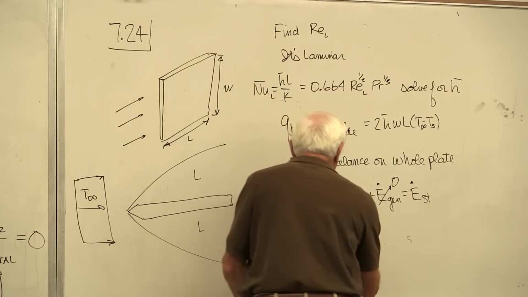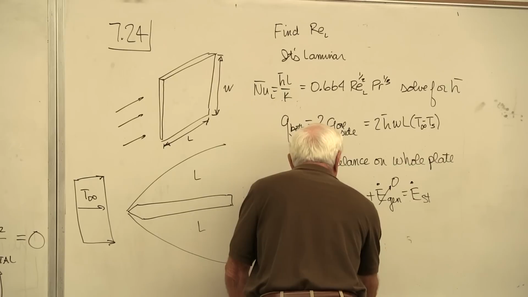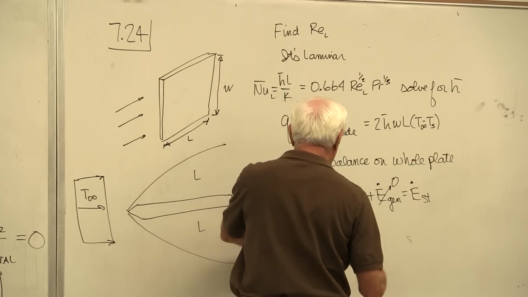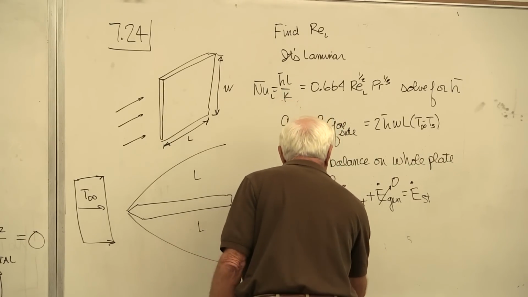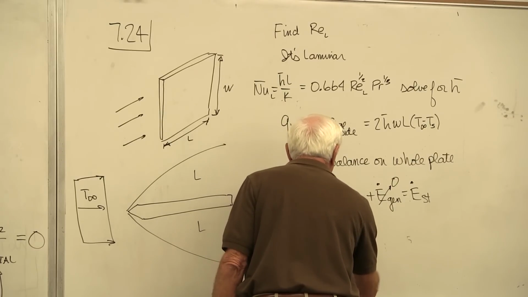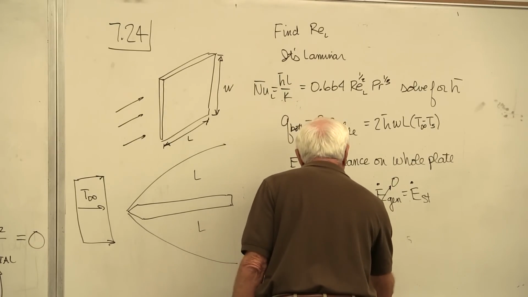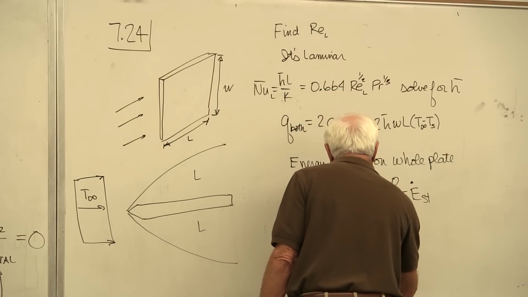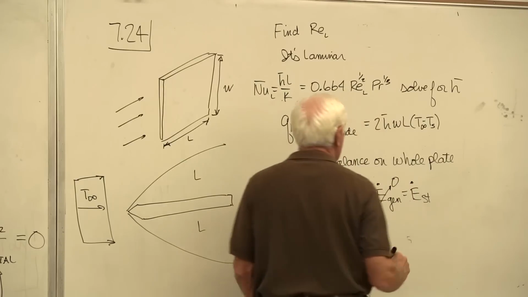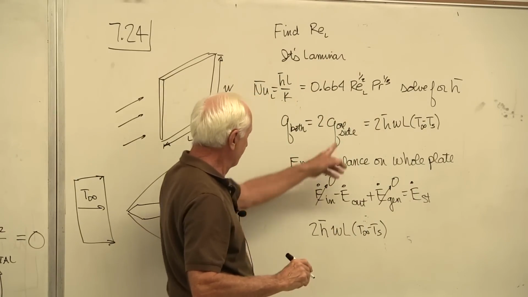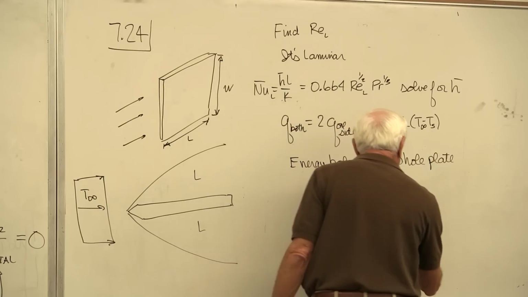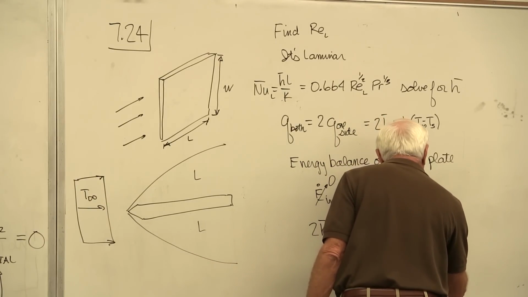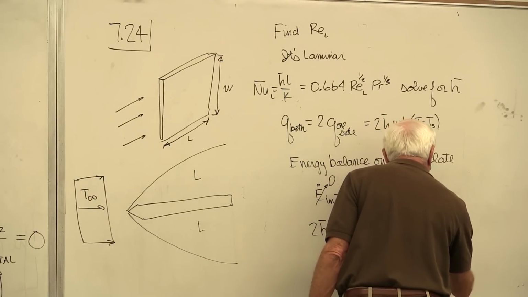I know the area, so it's h bar. There's two sides again, so 2 h bar times the area, W times L, times T infinity minus T S. That guy right there. Storage: M, C sub P, dT d time.